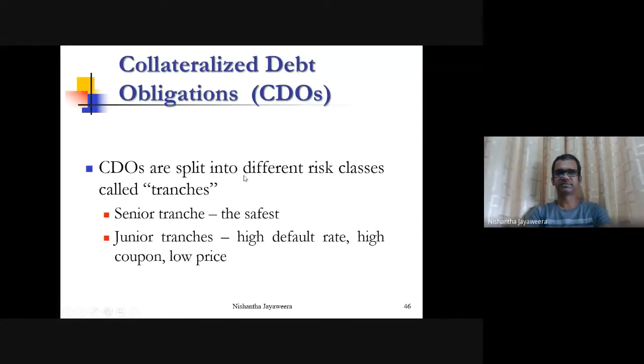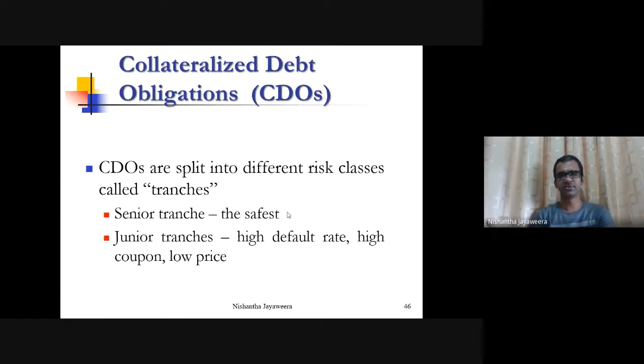That's why CDOs are split into different risk classes called tranches. The most senior tranche is the safest tranche, so it will carry the highest rating. When the risk is low, what would happen to the return?